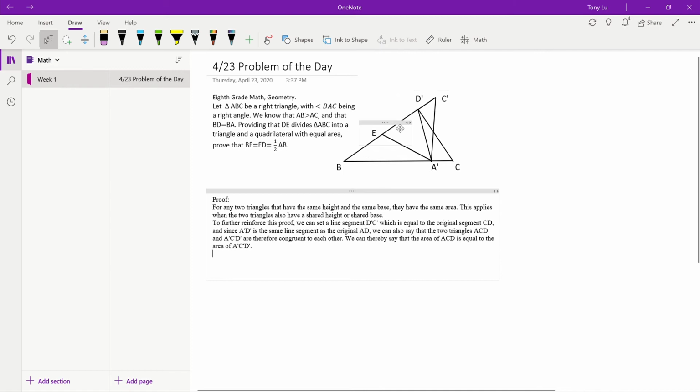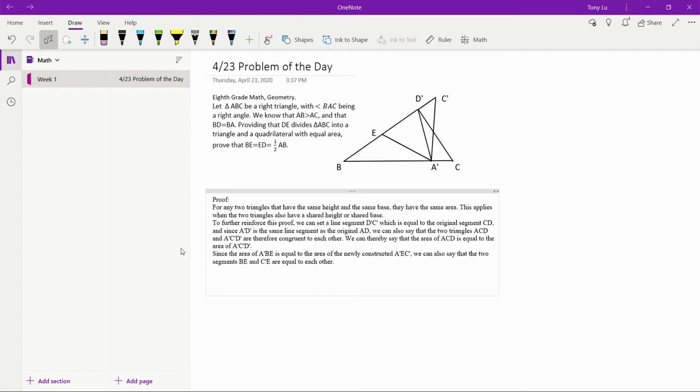So as we know that we want to find two triangles of equal area, since the area of A'BE is equal to the area of the newly constructed A'EC', we can also say that the two segments BE and C'E are equal to each other.